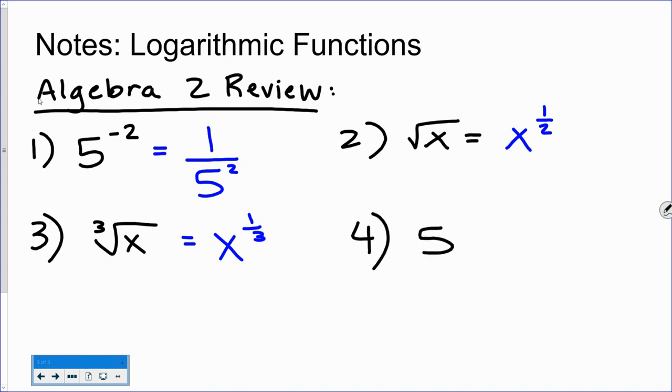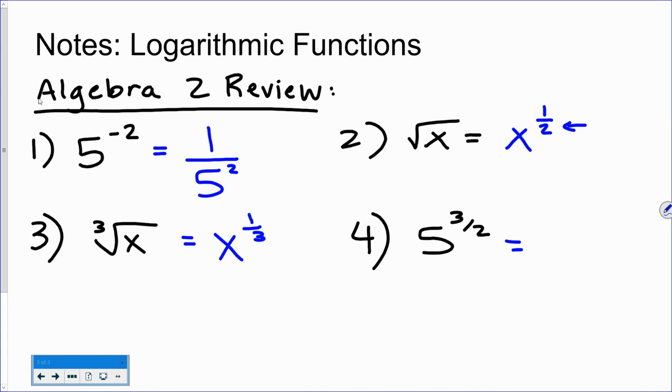All right, and so if I have something like 5 to the 3/2 power, that 2 in the denominator, just like it was up here, tells me that that is a square root, and then the 3 on top is just the exponent, 5 to the 3rd, as you would expect.